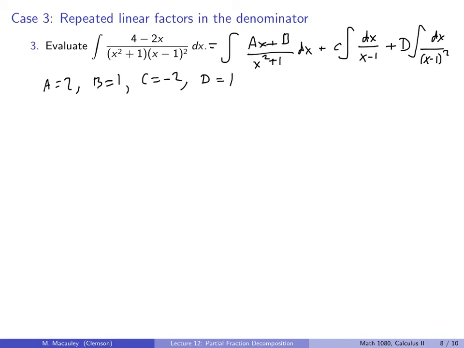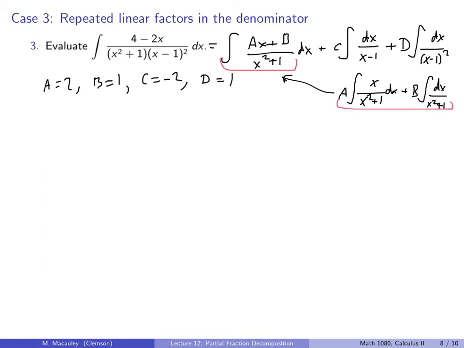Okay, so let me just plug this back in. And I'm going to do one more thing. I can break that into two integrals. I can write that as a times x over x squared plus 1 dx plus b times dx over x squared plus 1. So now we have 4 integrals.